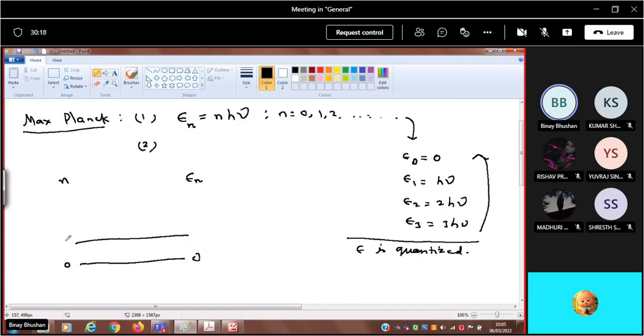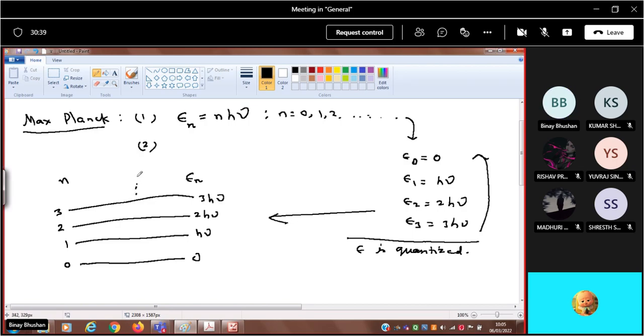For n equal to 1, epsilon n is equal to h nu. For n equal to 2, epsilon n is equal to 2h nu. For n equal to 3, this is equal to 3h nu, and so on. So these are the energy levels of the oscillator.